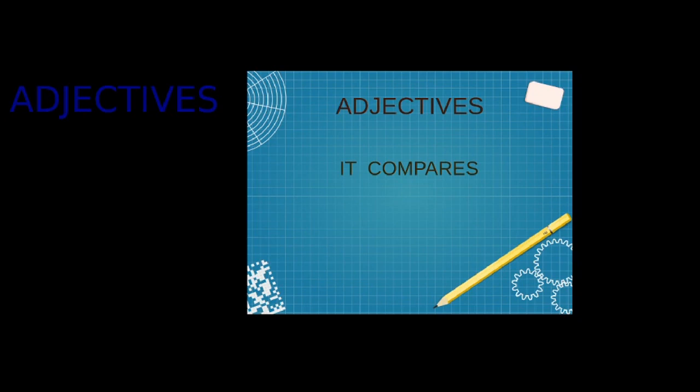So it compares the smartness. So the adjective there was smart, right? So it compares the smartness of Sanjay to whom? Rifat. So Sanjay and Rifat are two nouns because they are the names of two people.